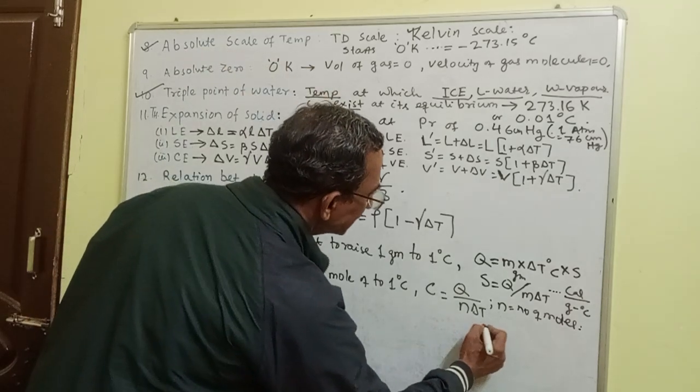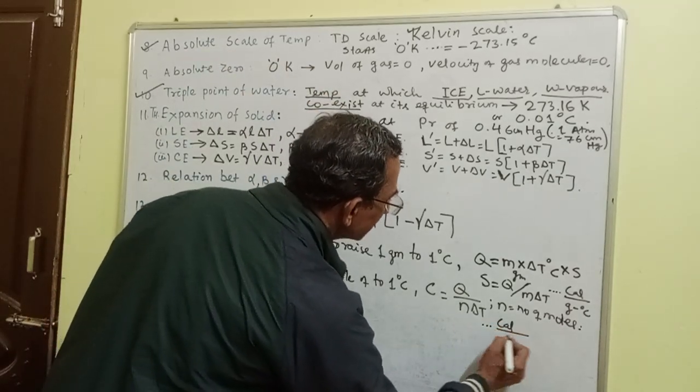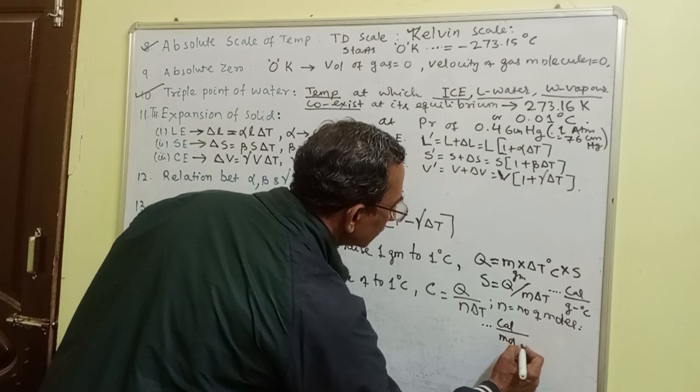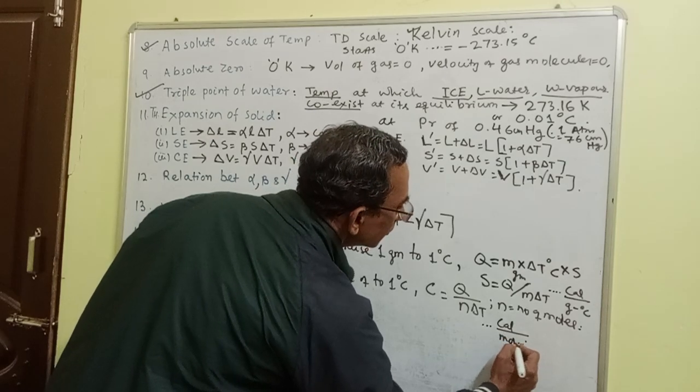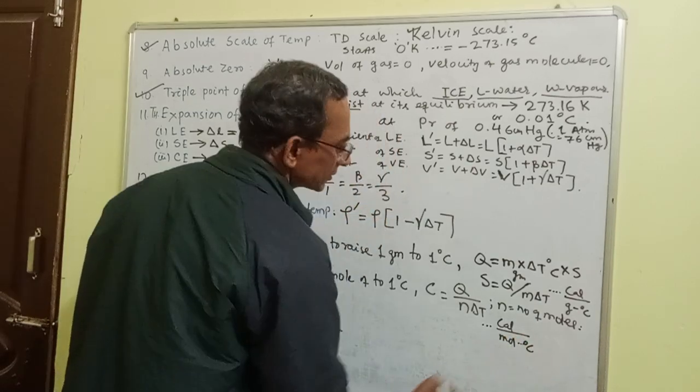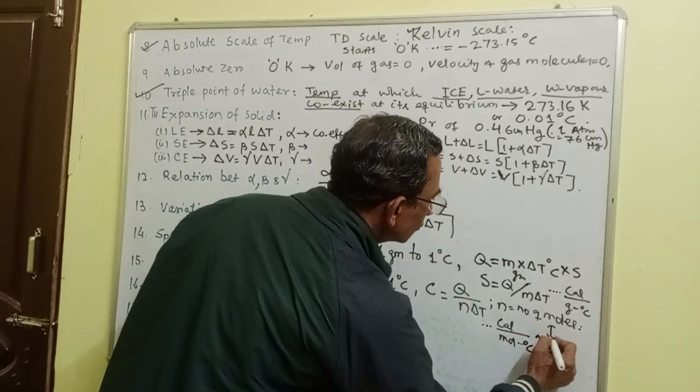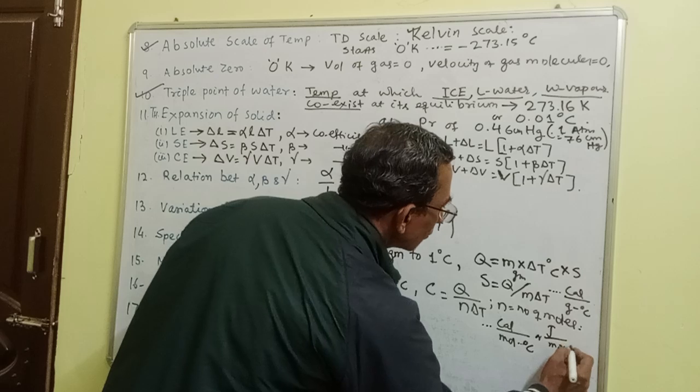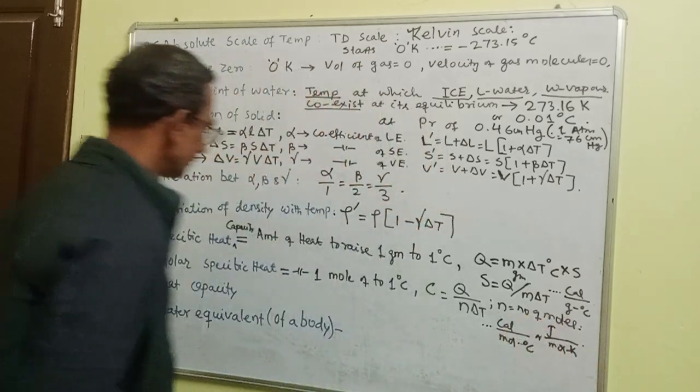Its unit is calorie per mole degree Celsius, or joule per mole Kelvin.